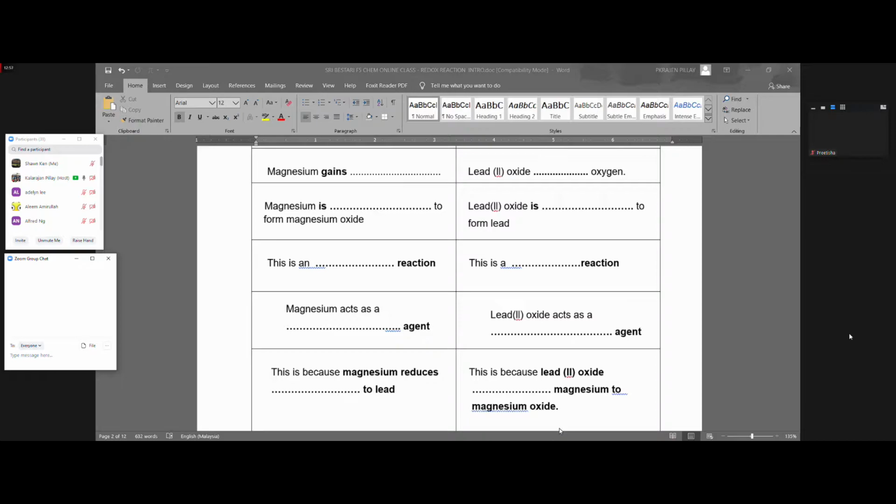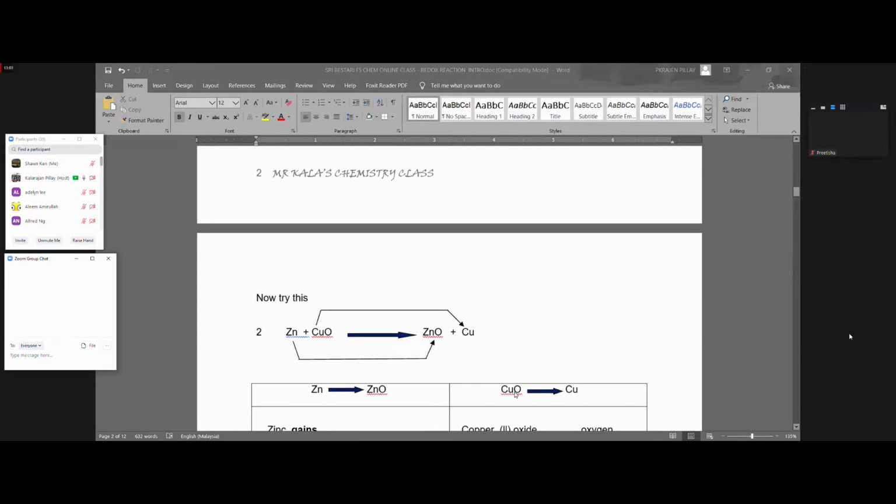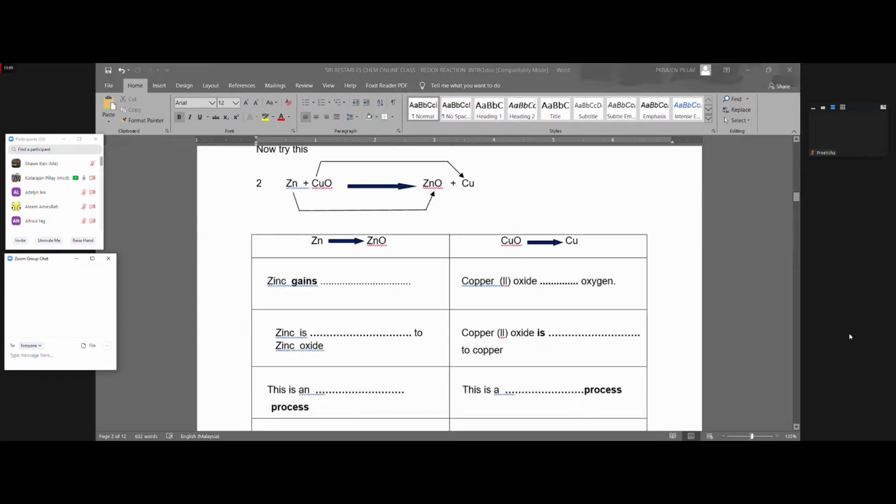Okay, so this is what we're learning. This is the basic thing you have to know first. Okay, let's try this one. You try for me now first. All right, so same thing again. What you do now is here, you know CuO is becoming Cu. So what type of reaction? You lose oxygen.